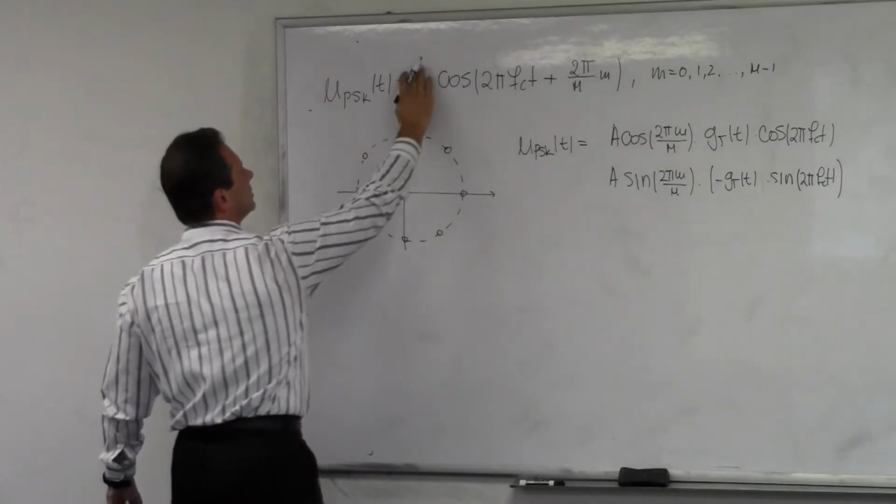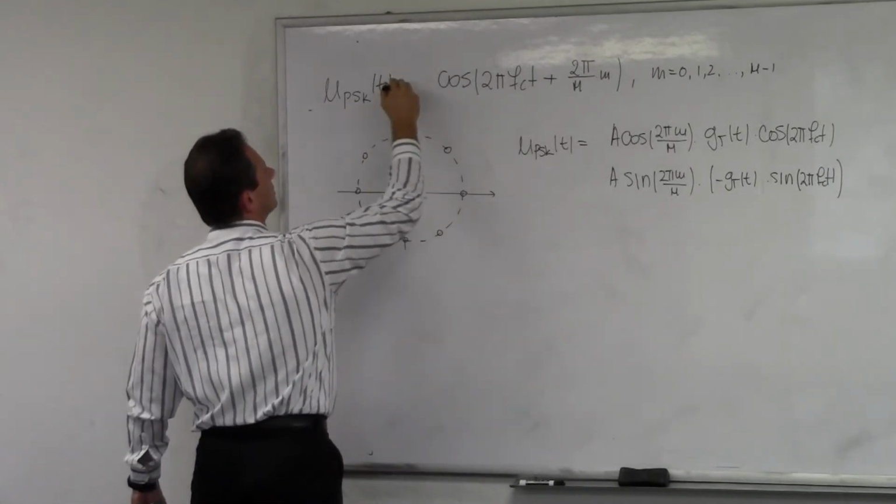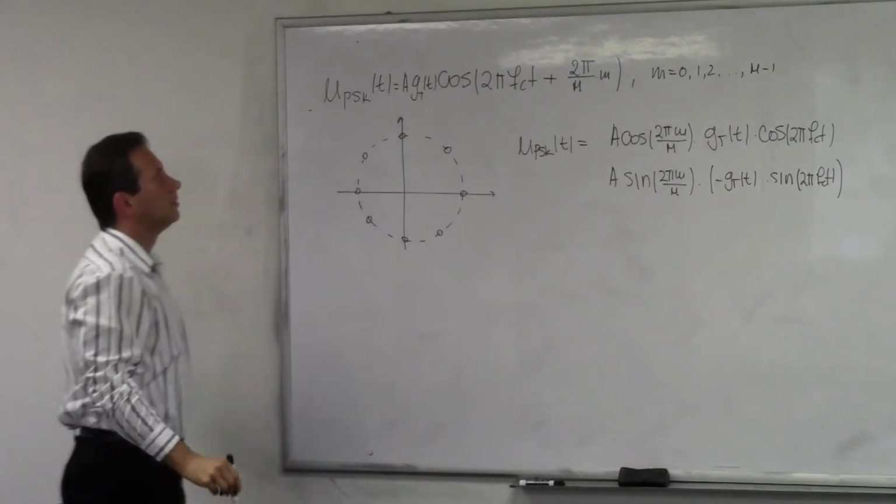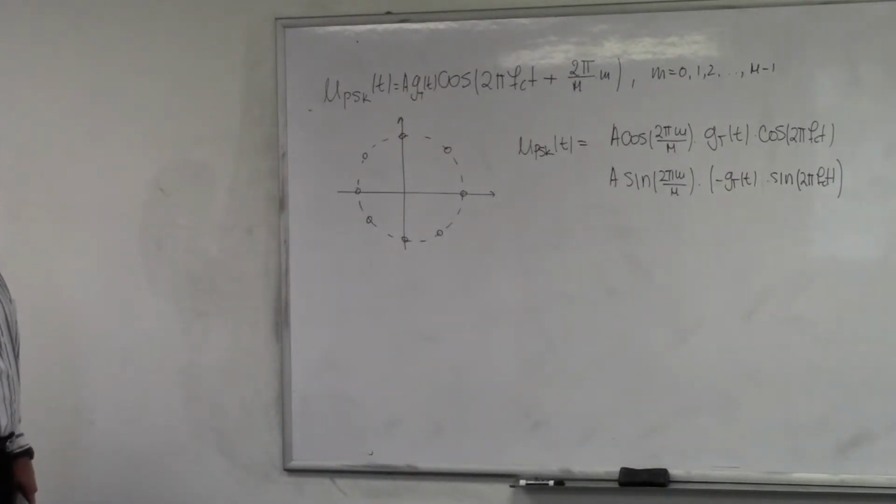If you do some math, what is missing here is A times g_T of t, the pulse that you're signaling with.